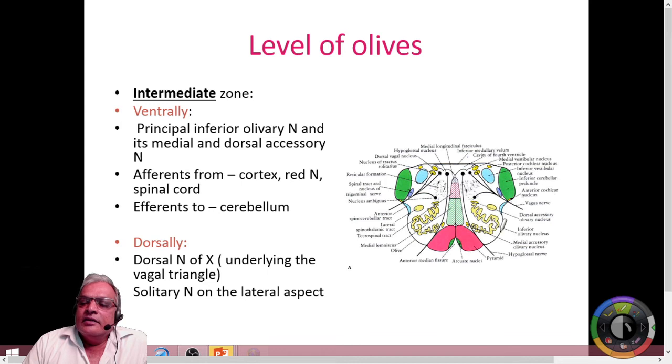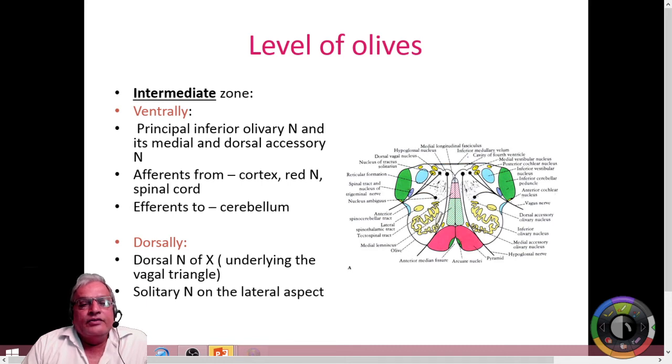See, the inferior olivary nucleus, and these are the dorsal and medial accessory olivary nuclei that you see on these two sides. The afferents to this olivary nucleus come from the cortex, the red nucleus, and the spinal cord, and the efferents go to the cerebellum. That is the function of this inferior olivary nucleus.